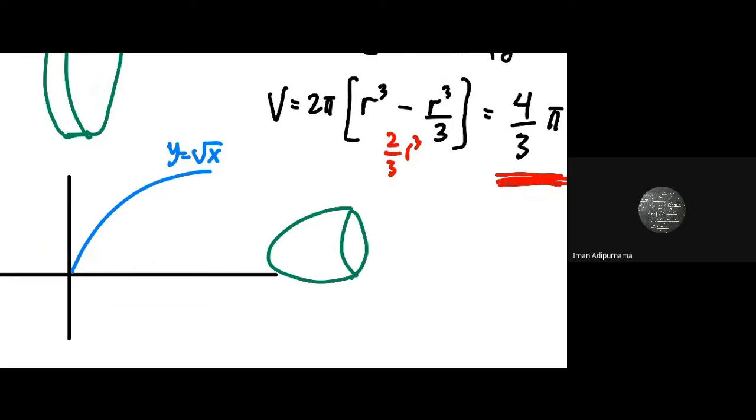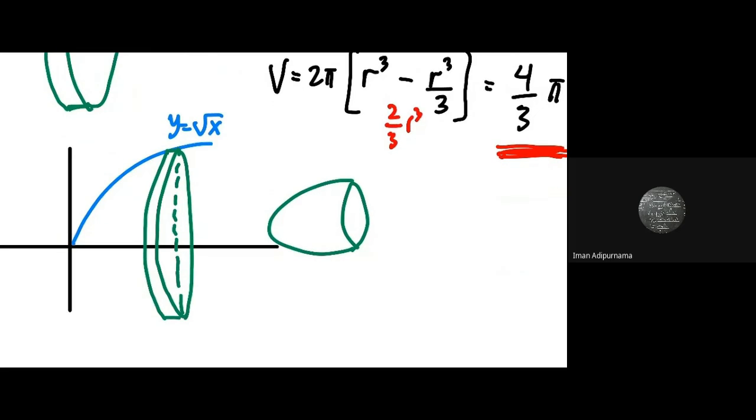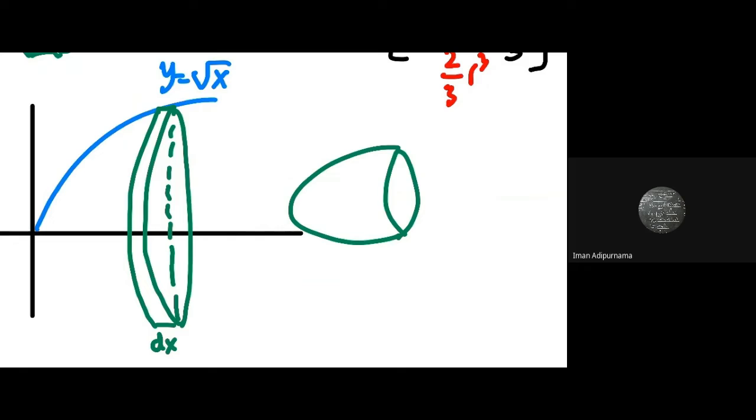The shape is like a vase, right? Maybe a vase for plants. Regardless, when we rotate this curve, we are going to have the circle, similar to what we did in the sphere formula previously, and we have the disk with dx as the height, and the radius is y. We use the same method here, the disk shape.